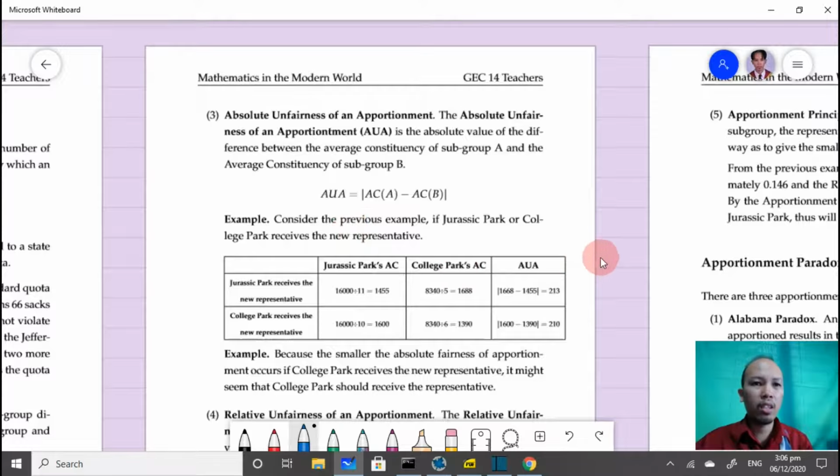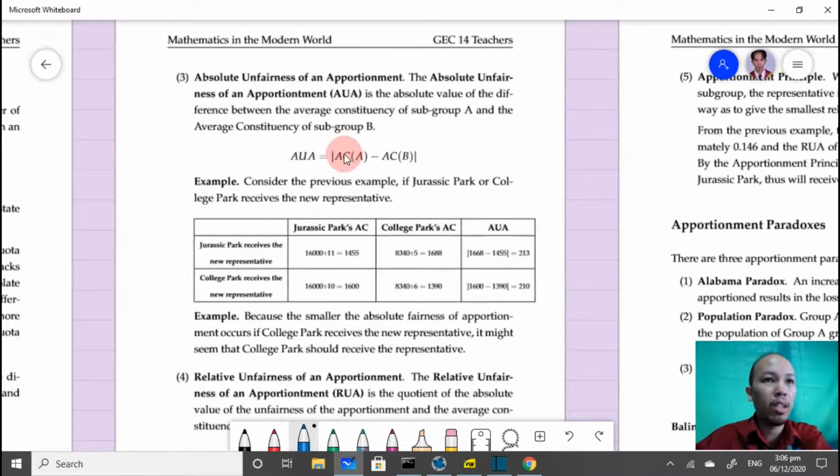As you can see here, this is the table and this is the formula. The absolute unfairness of apportionment, or AUA: first you get the average constituency of A, then the average constituency of B, then get the difference, and then the absolute value. In the upper part we have Jurassic Park's average constituency, then College Park's average constituency.